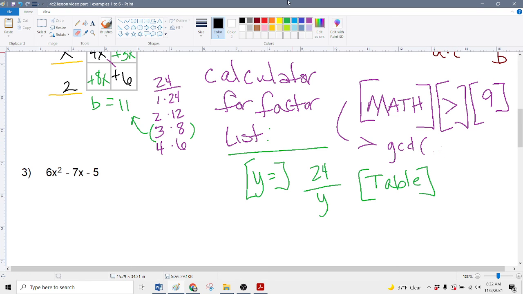Right here is where you'd press in your calculator 8, comma, 6, and then you'd press your enter key. You can put that end parentheses, you don't have to, but after you put in 8, comma, 6, you can press enter, and it will give you the GCF between those two terms, which is a 2.